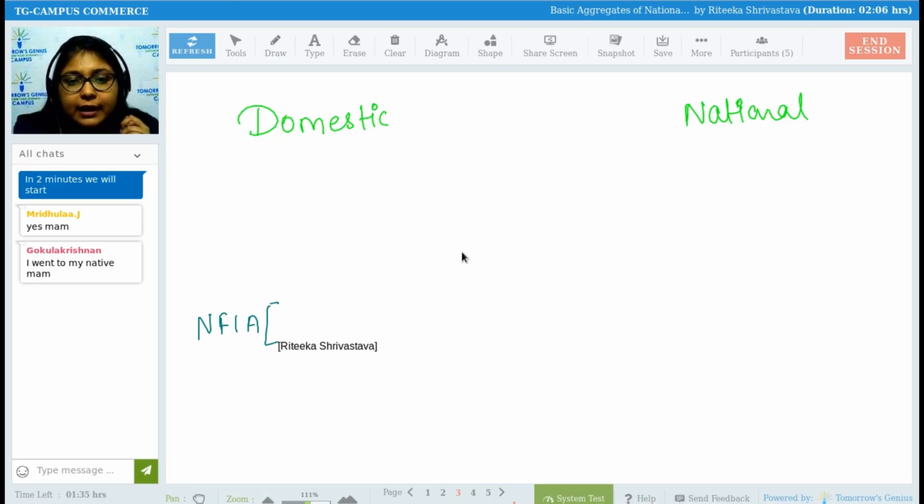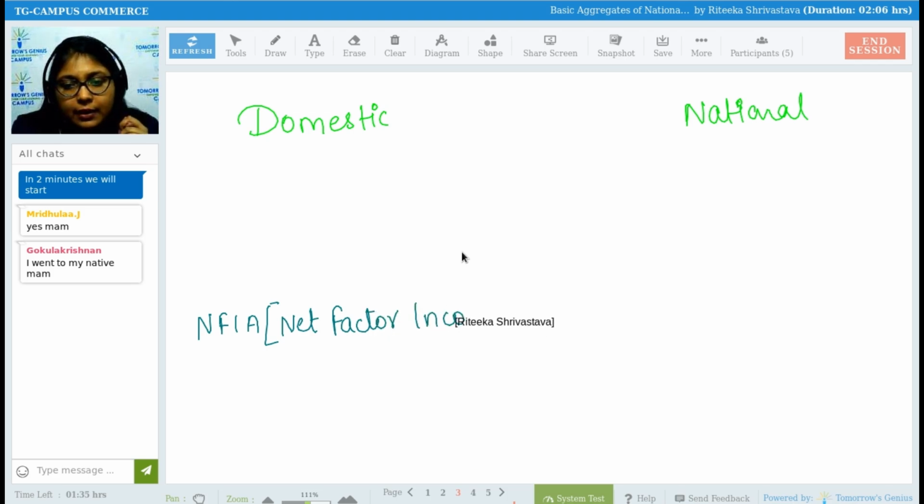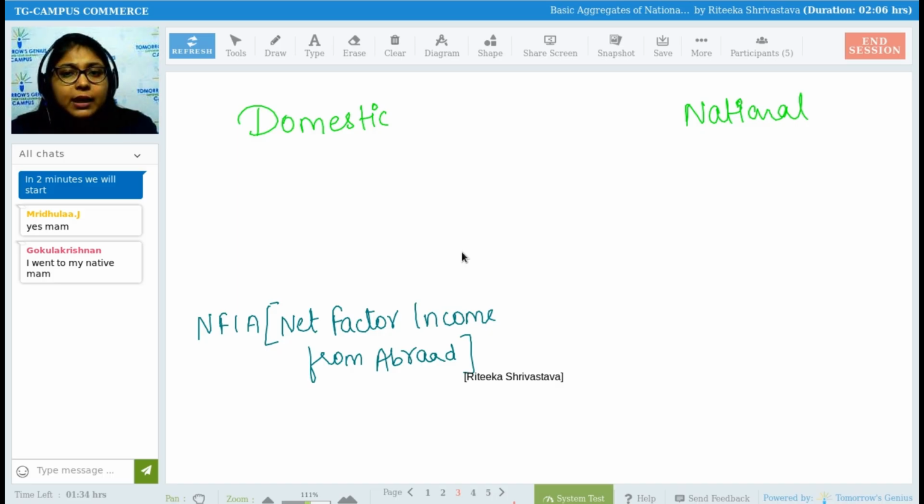NFIA, the full form of NFIA, is net factor income from abroad. Okay, net factor income from abroad. So when it comes to domestic, we know that only the goods and services which are being produced within the country are going to get involved.